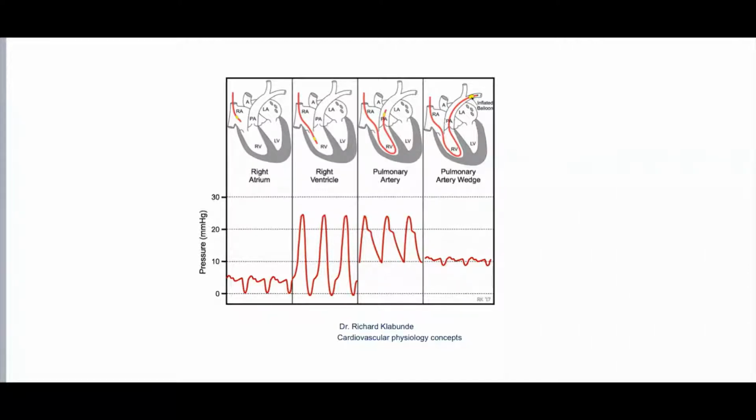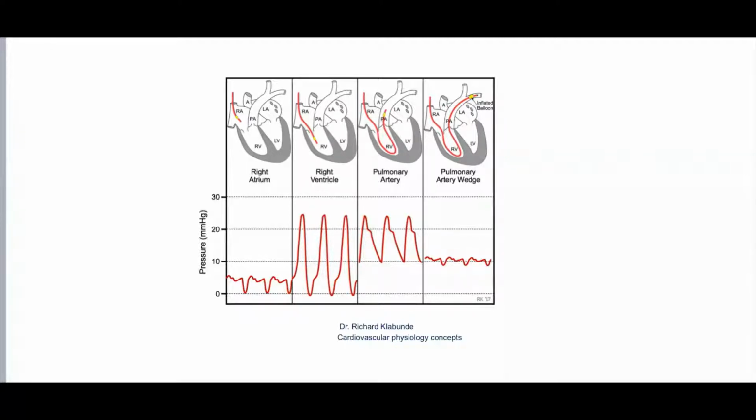Because in the pulmonary artery saturation is not as high as in the wedge. Wedge tends to be more than 97, 98. So make sure that you are wedging properly. And these are the waveforms along the Swan-Ganz catheter.